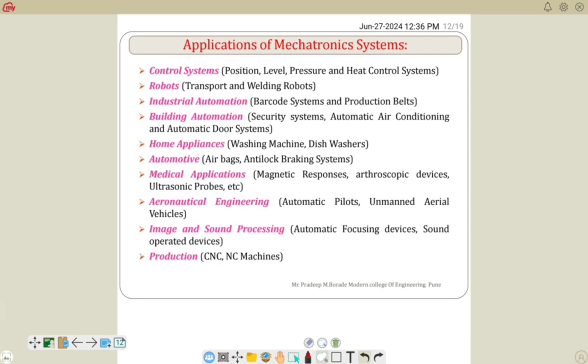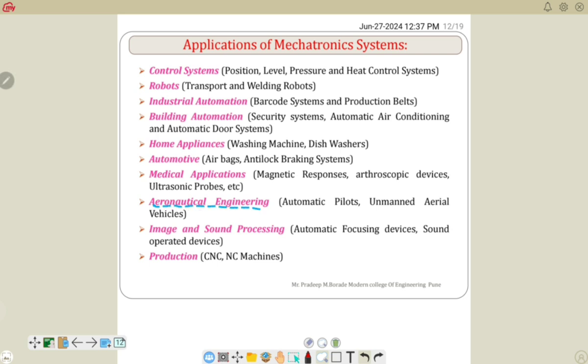Then industrial automation, barcode system and production belts. Then building automation, security system, automatic air conditioning and automatic door systems. In home appliances, we are using washing machines, washers. These are examples of mechatronics. Automotive, that is airbags, anti-lock braking system. In the field of medical, magnetic resonance, orthoscopic devices, ultrasonic probes.